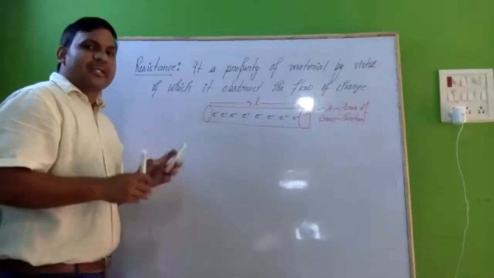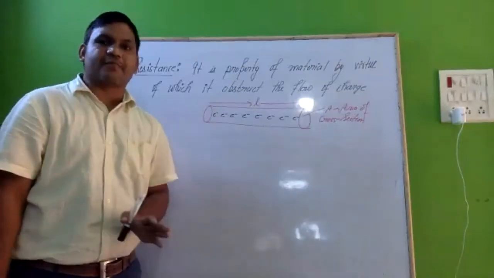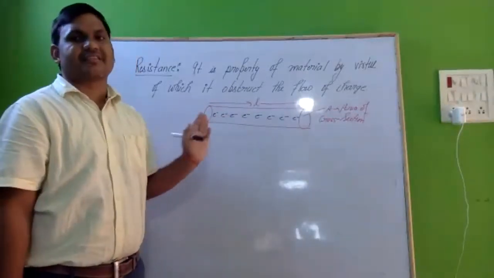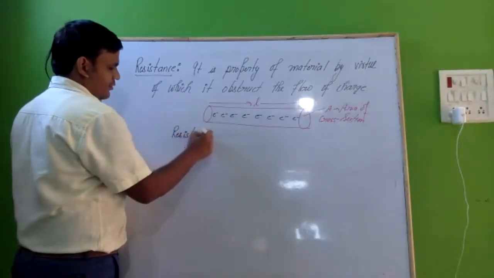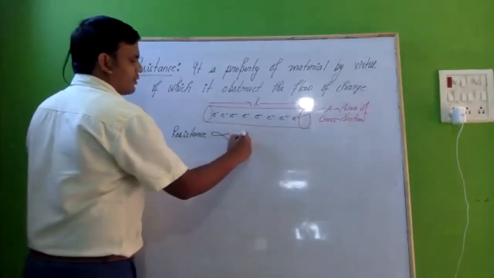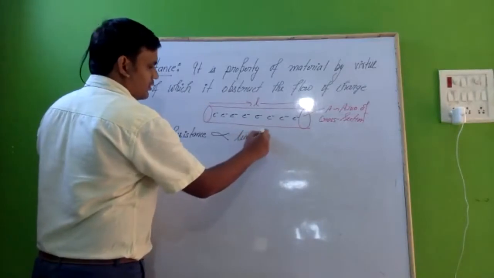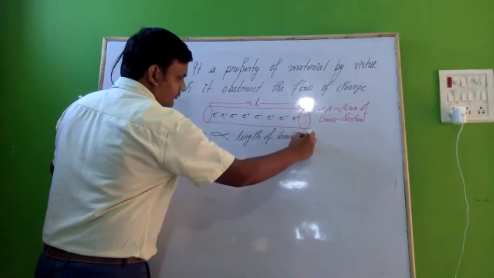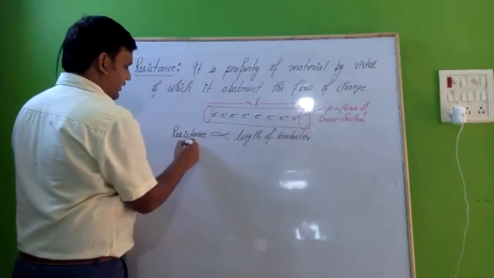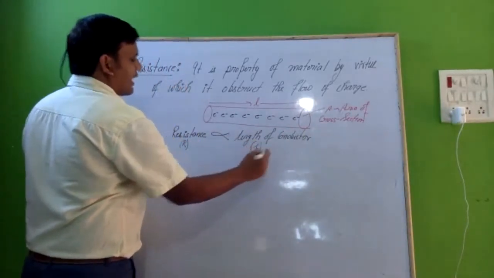Okay. Now we can see what are the different properties on which this resistance is dependent. Resistance is directly proportional to the length of the conductor.